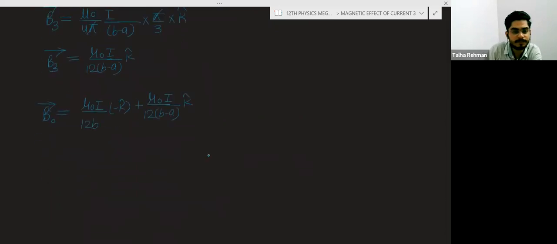Now take the common terms from both terms. Mu naught I divided by 12 is common. So this will become minus 1 by B, because k cap is also there, and this will become plus 1 upon B minus A, and this is k cap.